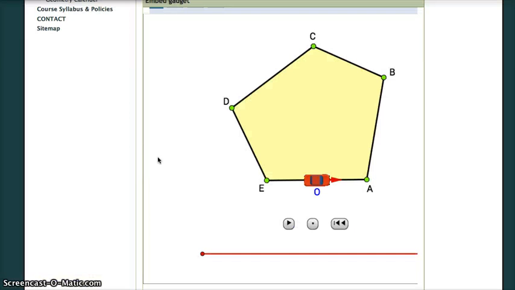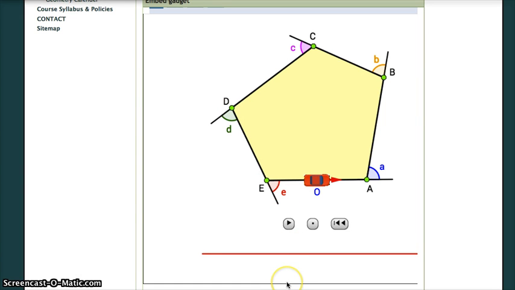Here's an animation I found that shows the exterior angles. The exterior angles follow the car, going on the outside: there's one of them, the second, the third, the fourth, and the fifth.